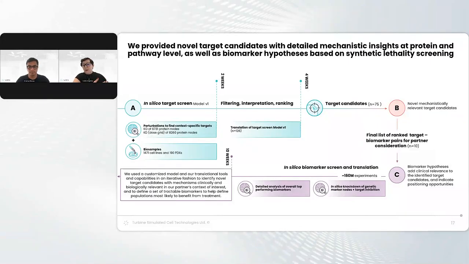So the main questions to be answered here is which ones are showing specific efficacy in the given molecular background, which gene perturbations are showing good enough effect, strong enough effect that is robust enough to be tested.